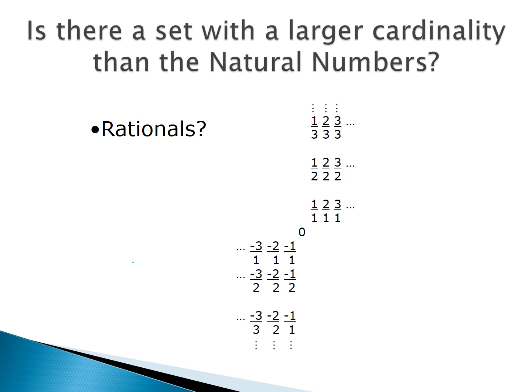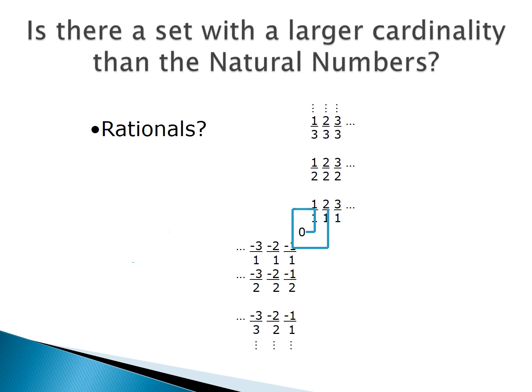Then I'm going to pair off, let's start with the naturals first, one of the natural numbers with 1 over 1 of the rationals. And then I'm going to pair 2 off with minus 1 over 1.